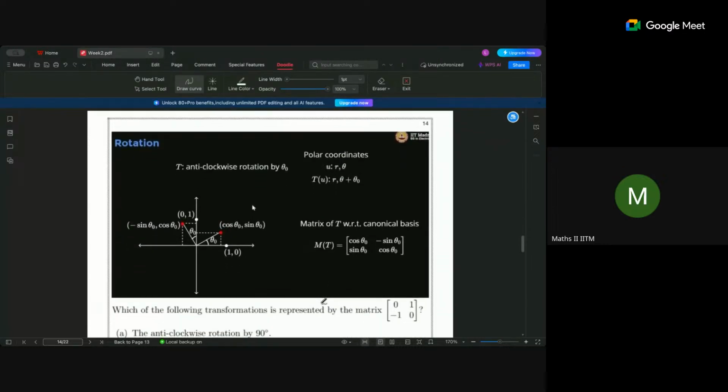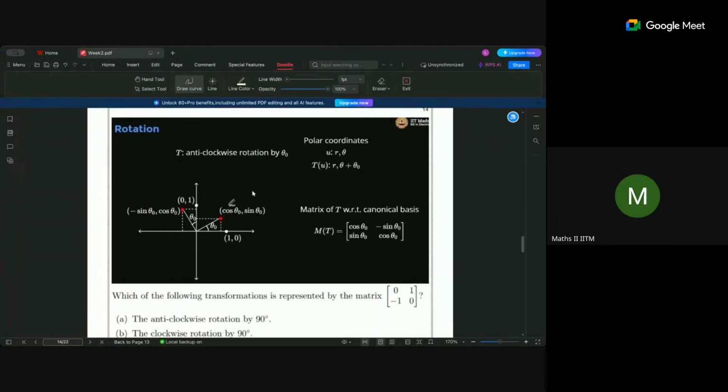And for the rotation matrix, this is what I wanted to explain earlier. You are at the point 1 comma 0. You are rotating it by an angle theta naught, and you get this point. Now what are the coordinates of this point? Now we have to shift to basic trigonometry.